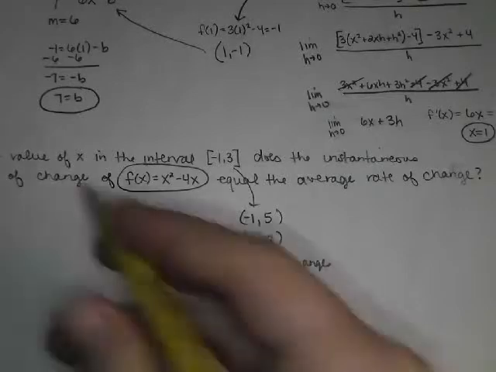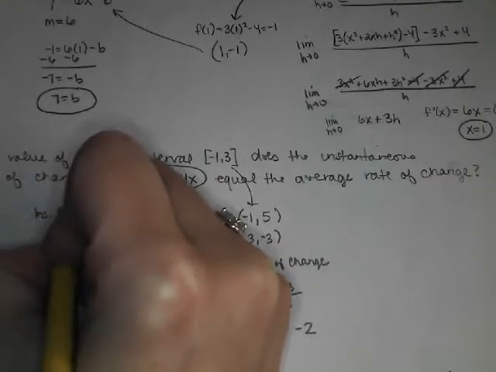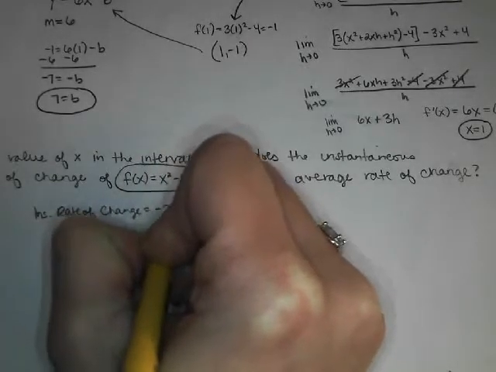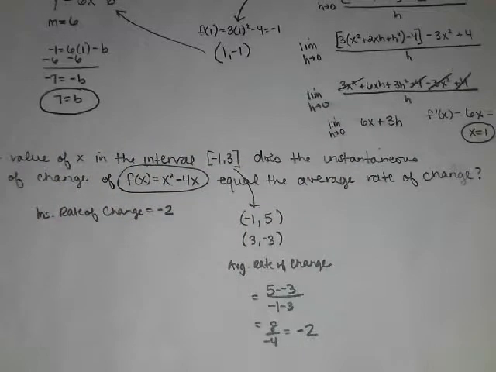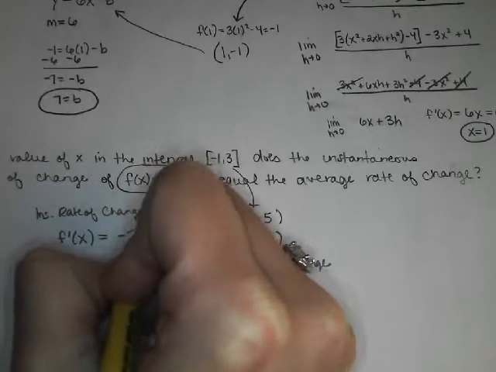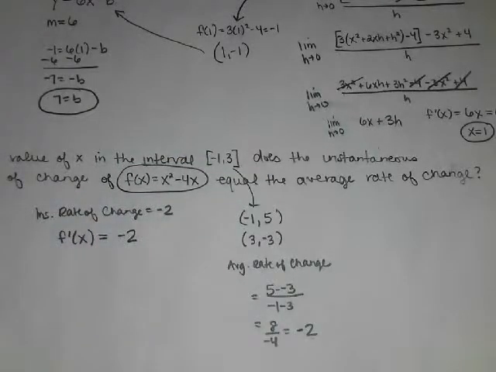Your instantaneous rate of change is the derivative. That's what the derivative formula gives you. So we need f prime of x to equal negative 2 and find out at what x value that occurs. So again, we need to find the derivative equation and find out when it will equal negative 2.